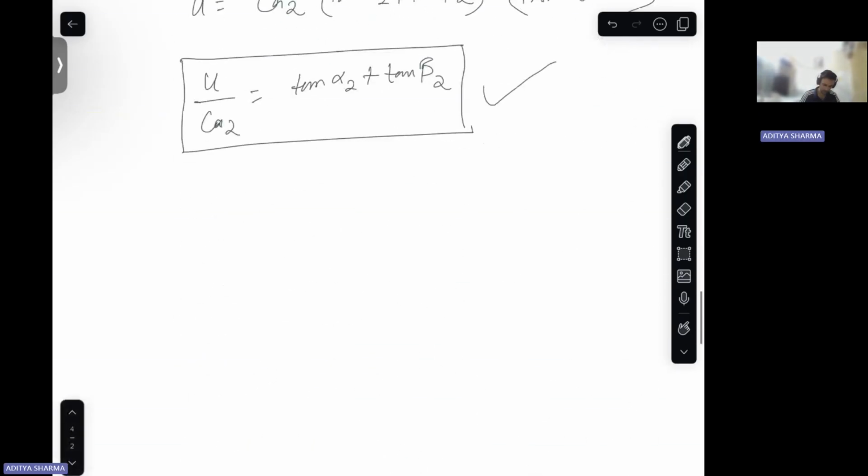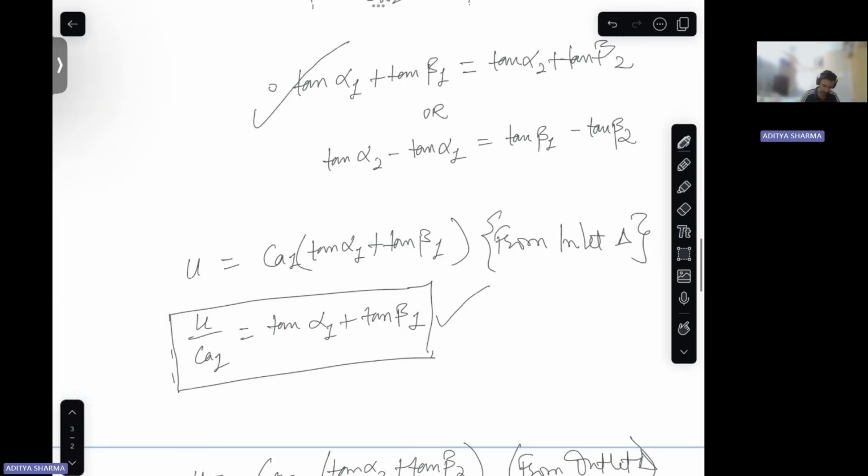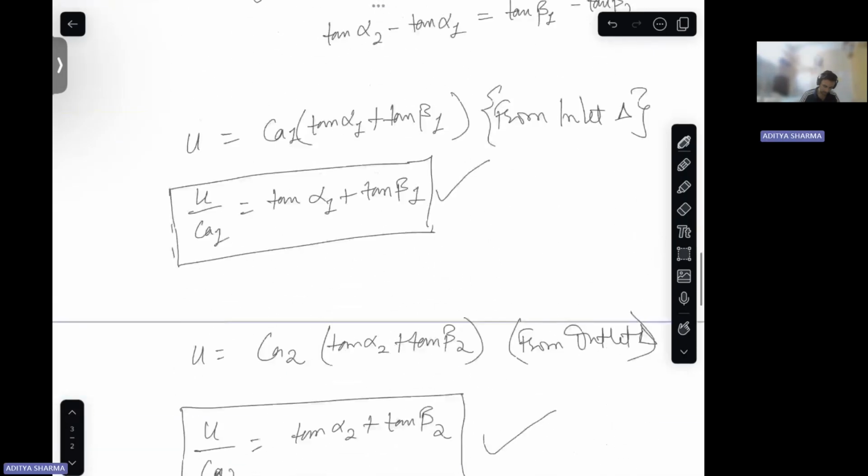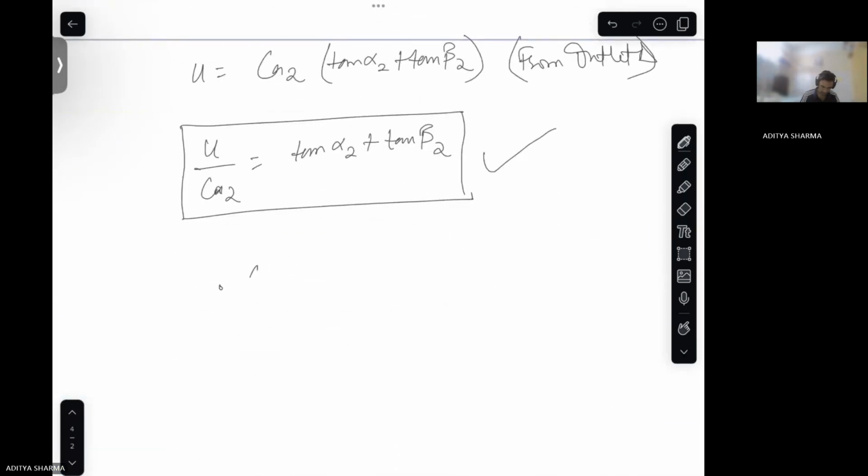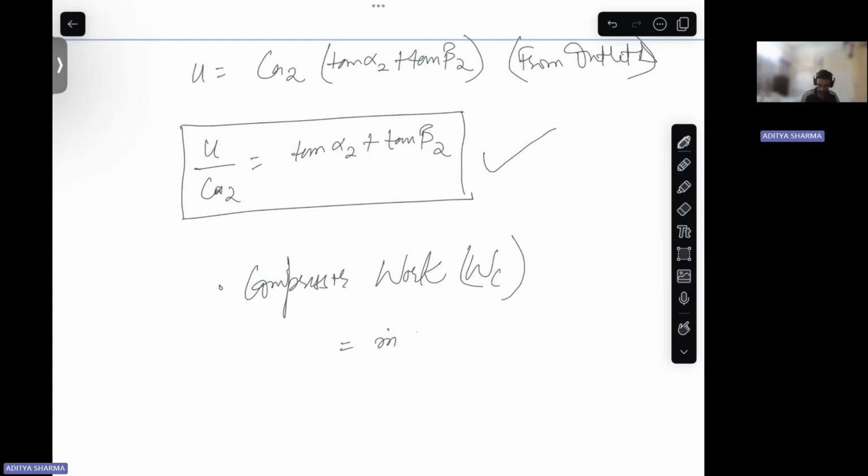Then you have compressor work. If you want to find out compressor work, WC, it is mass flow rate times U and CW2 minus CW1.